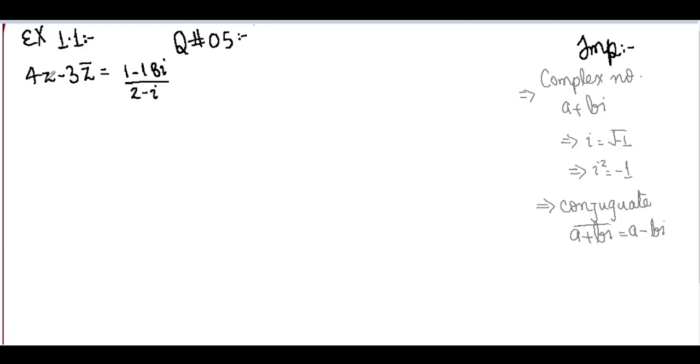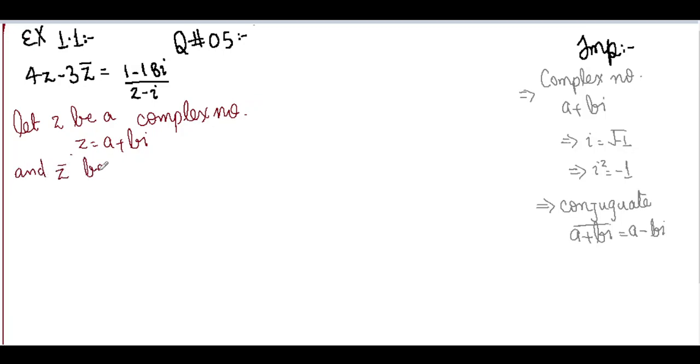The question is 4z minus 3z bar equals 1 minus 18 iota divided by 2 minus iota. Now z is a complex number and we have to find this complex number, and z bar is the conjugate of the complex number. First of all, we are going to write that let z be a complex number z equals a plus b iota and z bar be its conjugate.